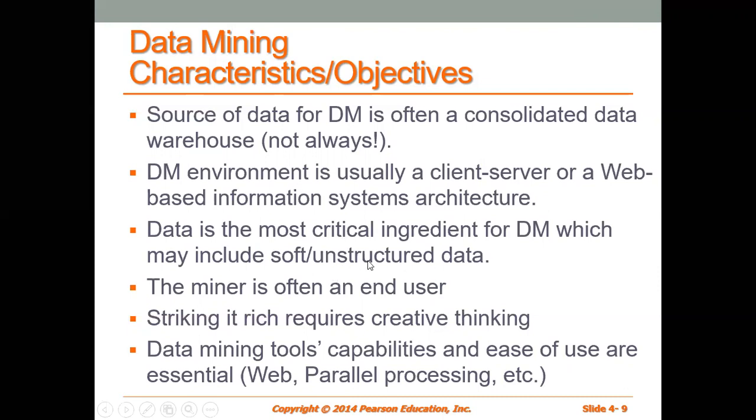The unstructured data is also called soft data. The miner is often an end user, and end users need it for pattern recognition. The most important thing is to know the patterns of data mining.